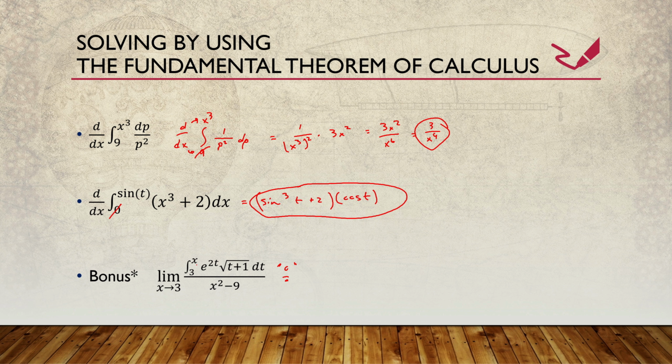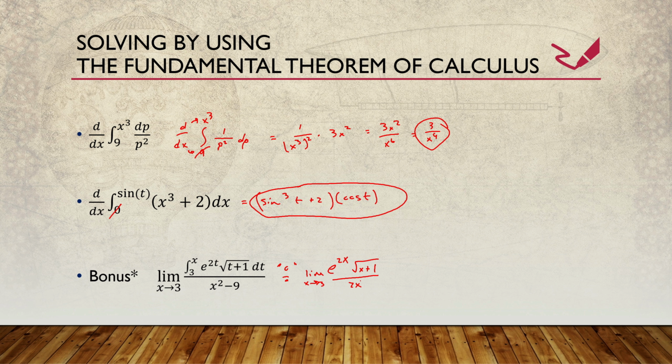You can see that the integral and the derivative will cancel out, but your x's would be replaced with the t's. So you will have e to the power of 2x times the square root of x plus 1, all over the derivative of the bottom, which is 2x. And then you have the limit as x approaches 3.